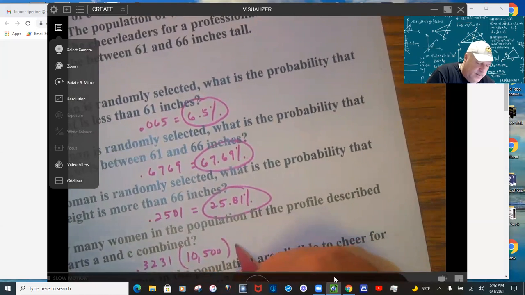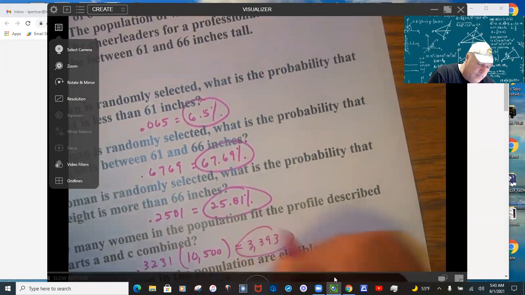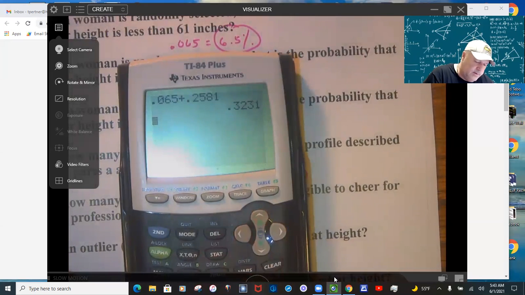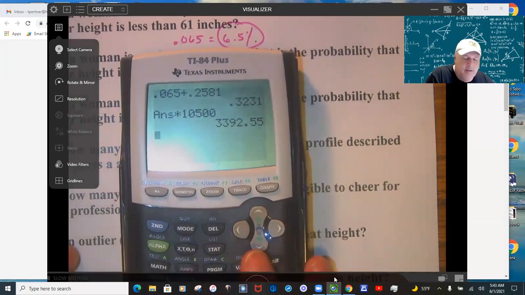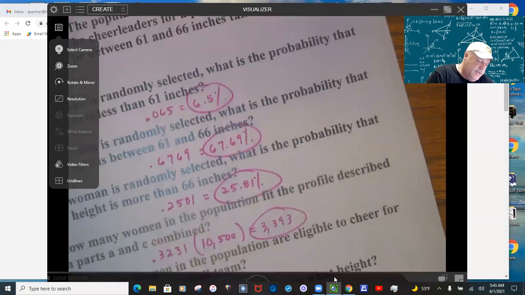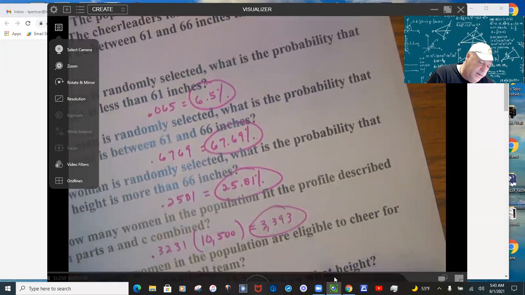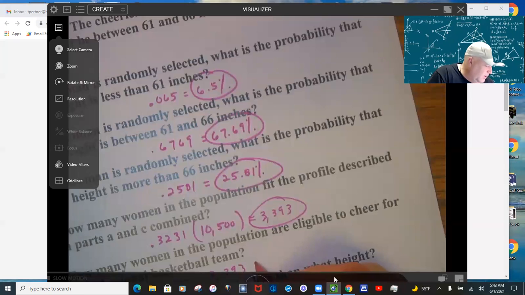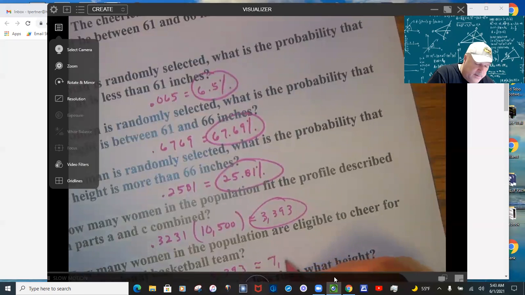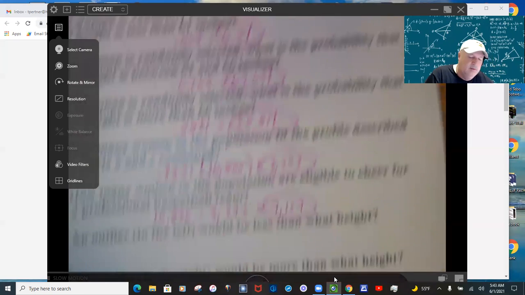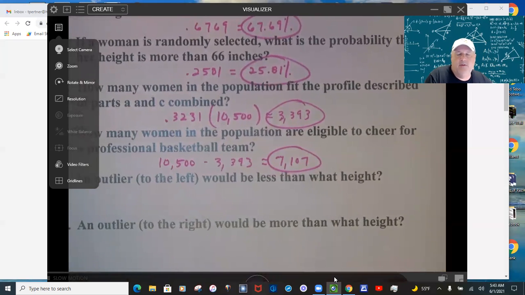And that's going to give you about 3393. Okay, so times 10,500. So 3393 rounded, and then you're just going to do 10,500 minus that, the complement, to get how many women would be eligible to cheer. Approximately 7,107 would be eligible. So either you're eligible or you're not eligible to cheer.